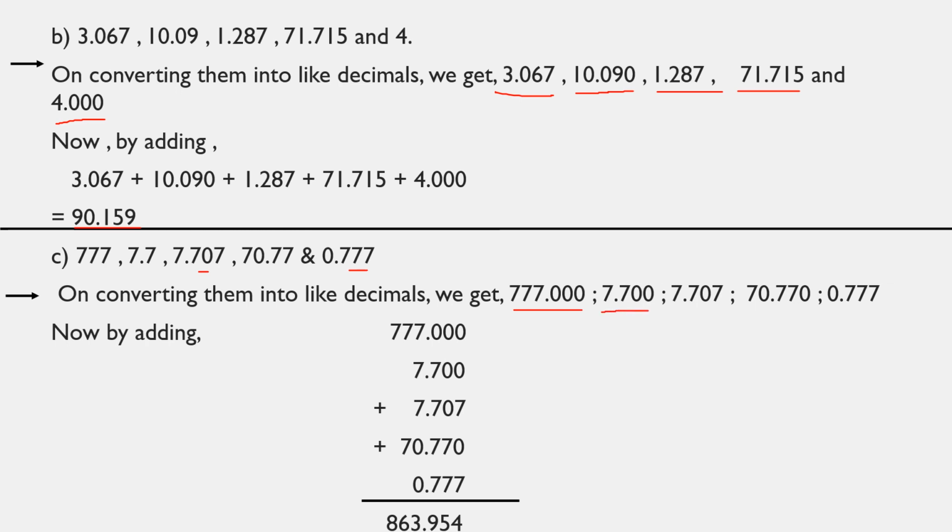Second number we can write 7.700, right? And third number 7.707. Fourth number, that is 70.770, and the last number is 0.777. Now all these are like decimals. So we'll add all this in regular method and we'll be getting, see, 863.954.